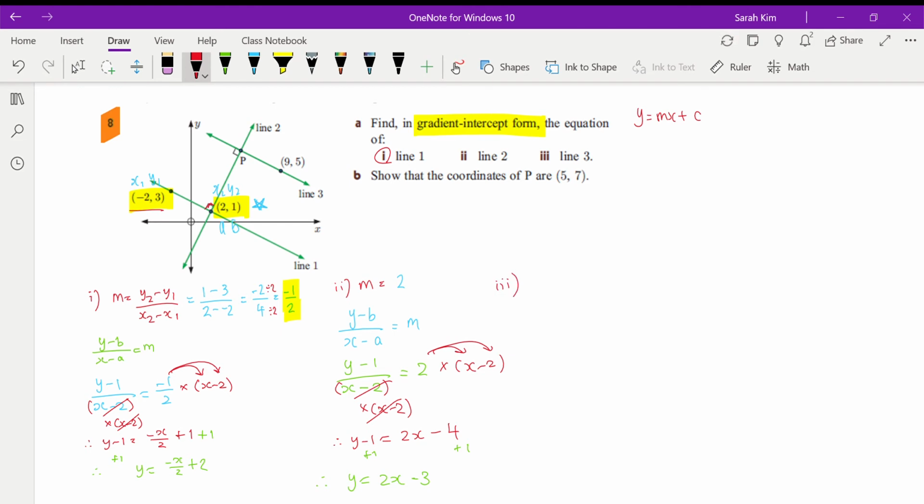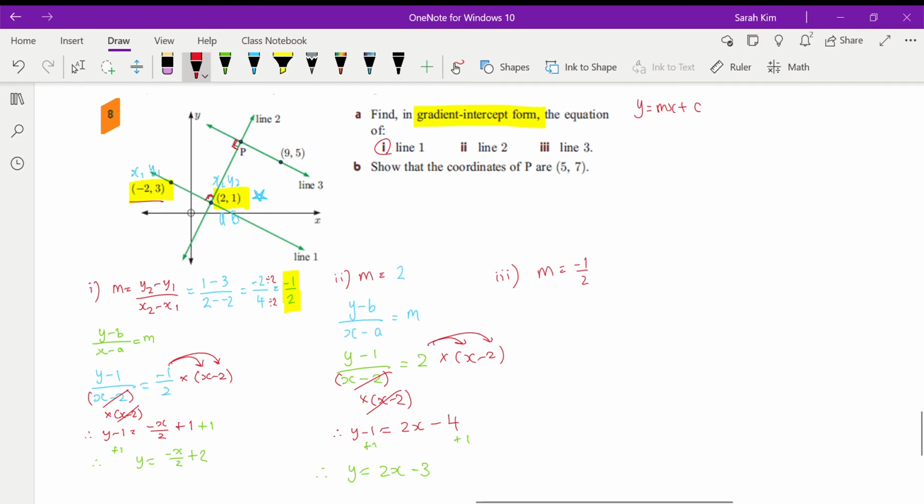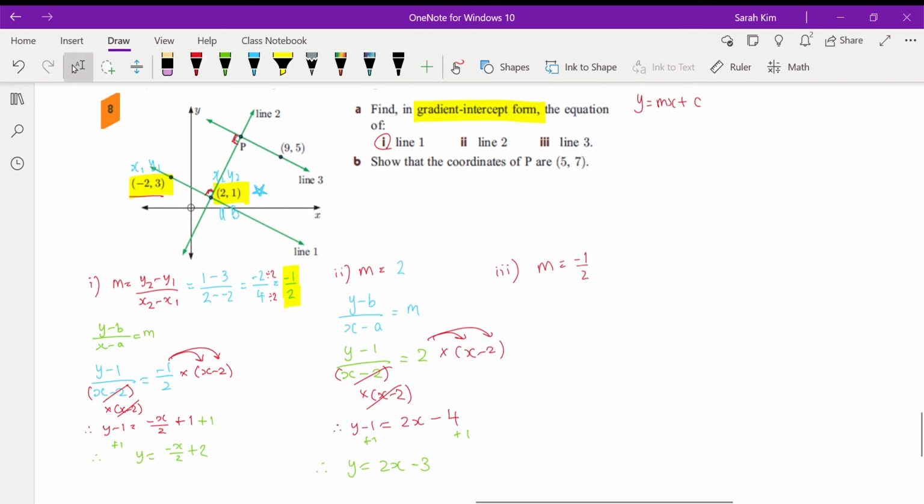Alright, let's move on to I. Line 3, as you can see, is perpendicular to line 2, which also means it should be parallel to line 1. So the m value would be the negative reciprocal of 2, which is negative half, and if you see that, it's the same as the m for line 1, meaning they're parallel. Just a little fact.